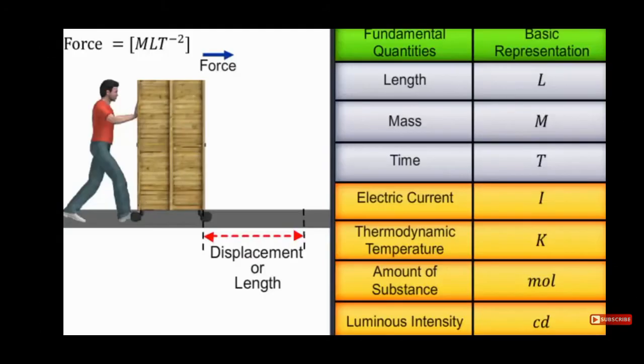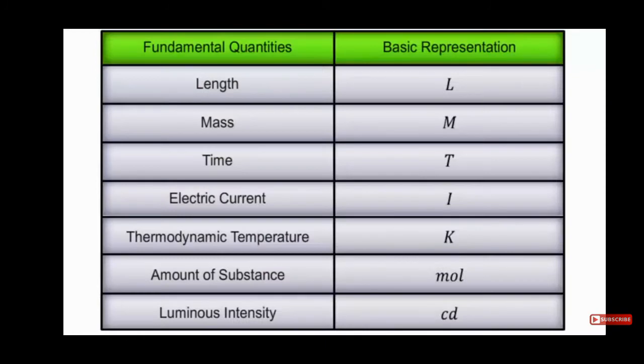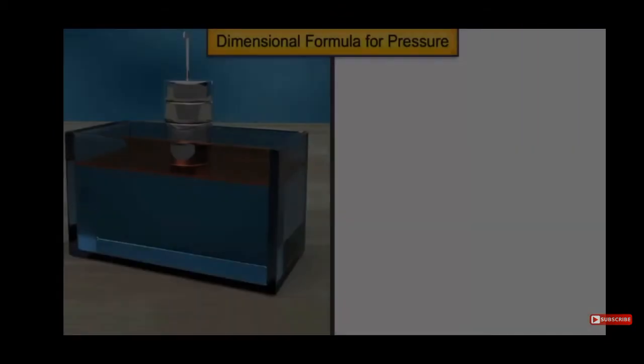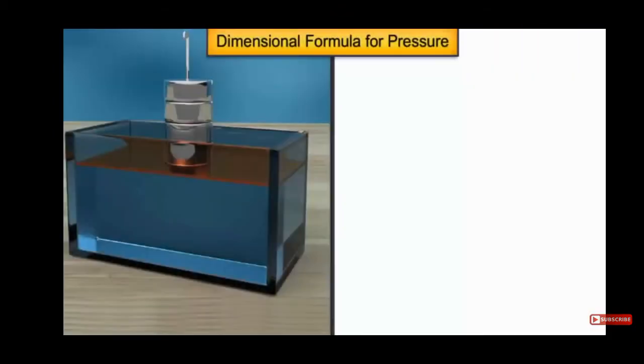In mechanics, most derived quantities are related to only 3 base quantities of the 7, namely mass, length and time. Let us look at another example. Let us find the dimensional formula for pressure, which is equal to force per unit area. Area is the product of length and breadth.